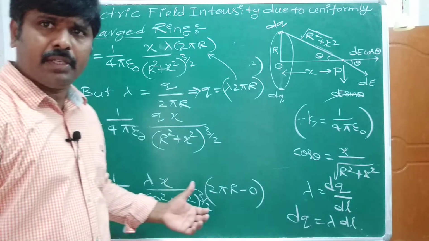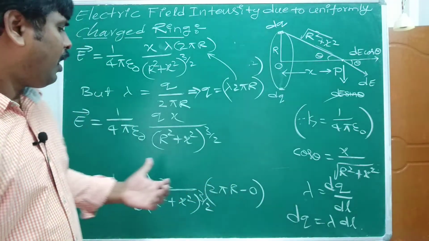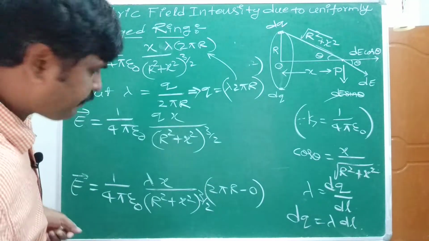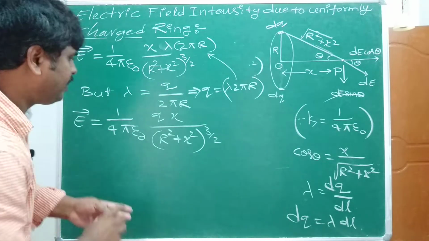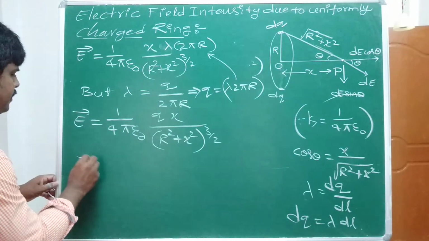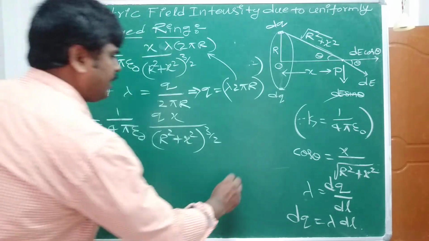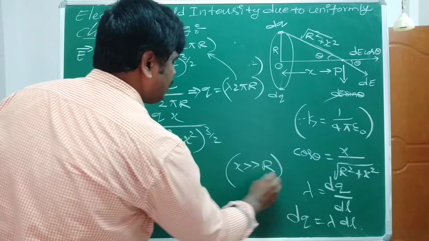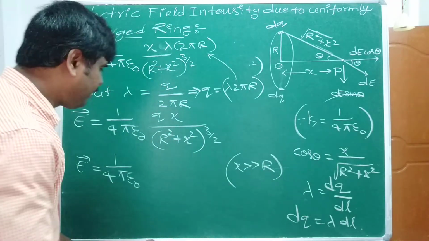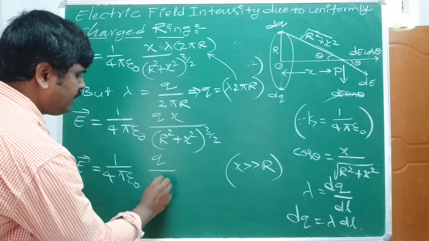We already did this in the other method. This is the second method. So now we get the resultant equation. What is the resultant equation here? E bar is equal to 1 by 4 pi epsilon naught. The condition here is x much greater than r, so r is neglected in the denominator, giving q divided by x square.